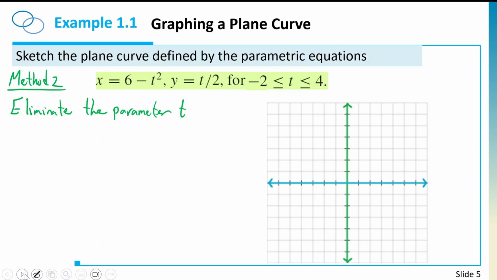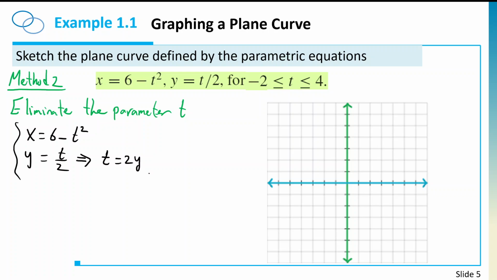Let's check. The two equations we have over here: x equals 6 minus t squared and y equals t over 2. Now from the second equation, if I solve with respect to t, t will be equal to 2y.